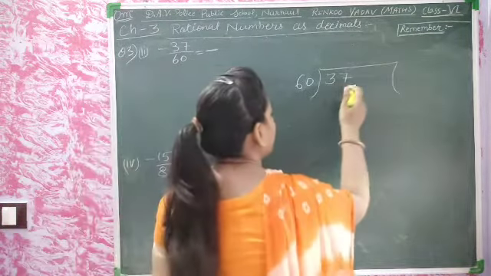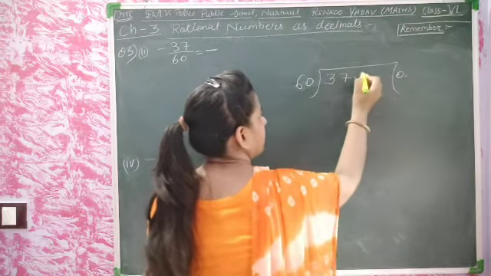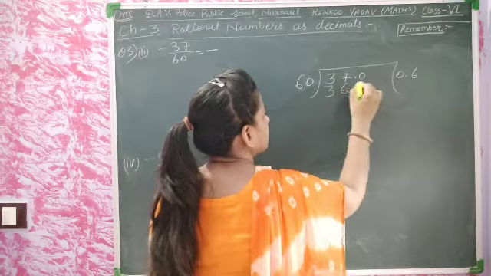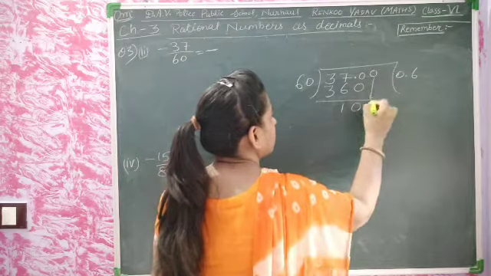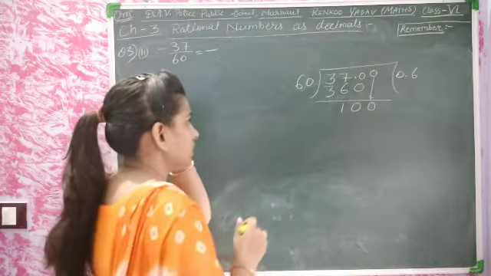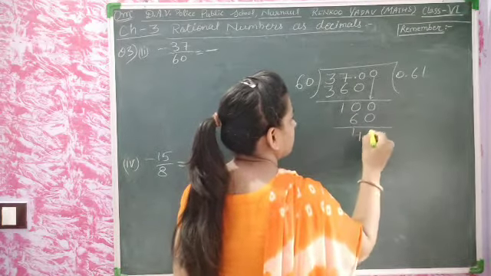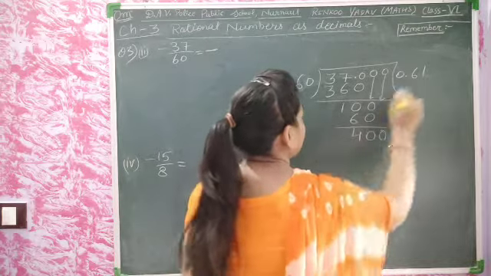Okay students, now it doesn't divide, it means there is a decimal place here and then one more zero. 6 sixes are 36 and there is 10 as the remainder. Now again putting 0. Now this number has 1 sixty and there is remainder 40, and now again putting 0.